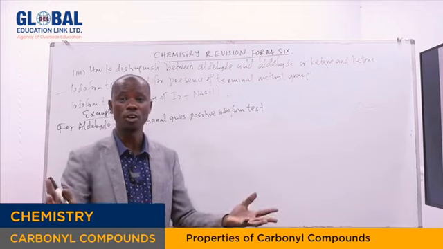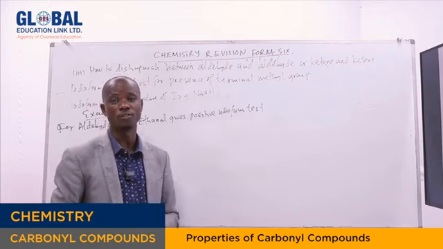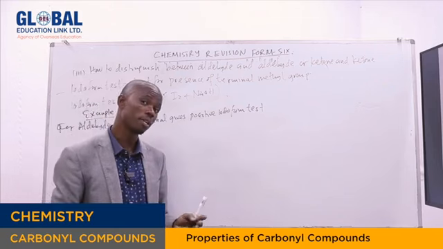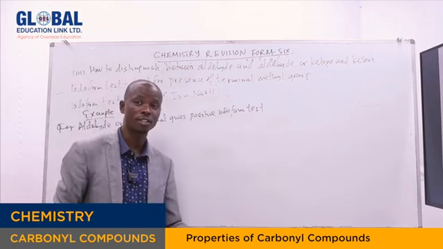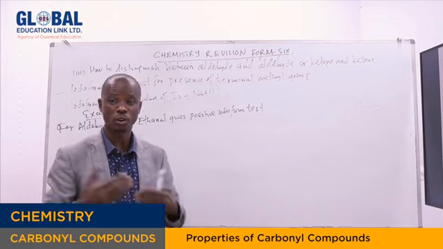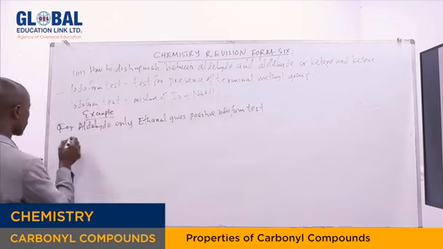But the rest of the aldehyde will not give the positive iodoform test. So you can be told to differentiate between ethanol, for example, and propanol. Ethanol will give positive iodoform test, propanol will not. Example here.